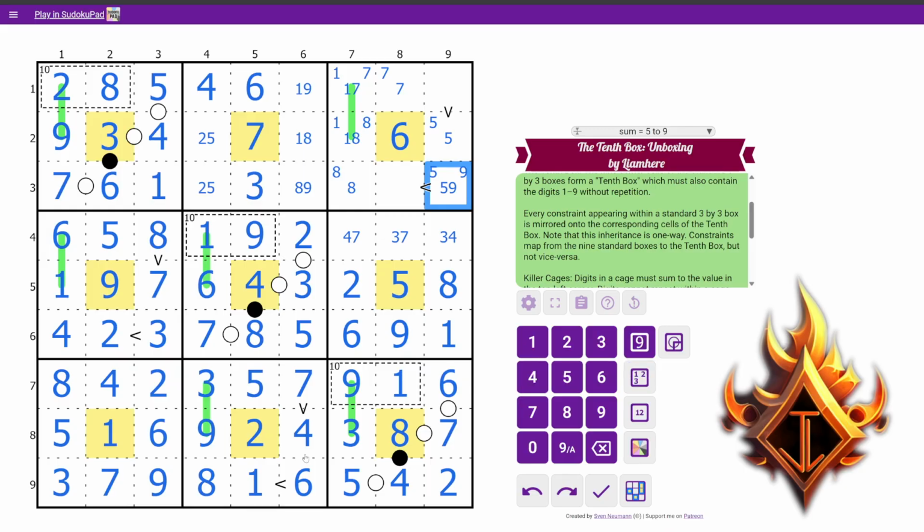And it just can't be in the middle one. What else is over there? 5. Already marked.